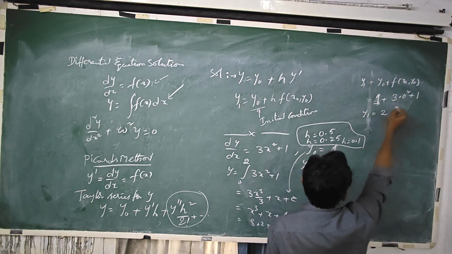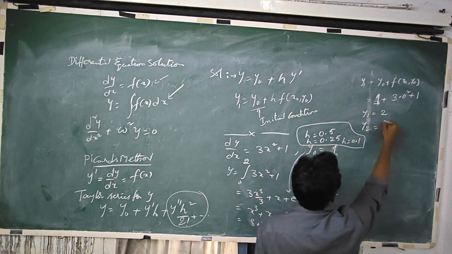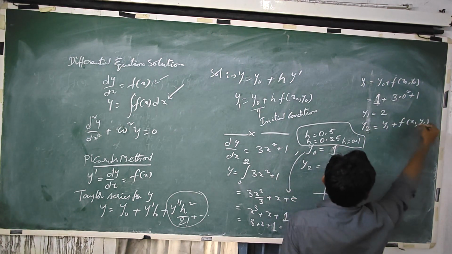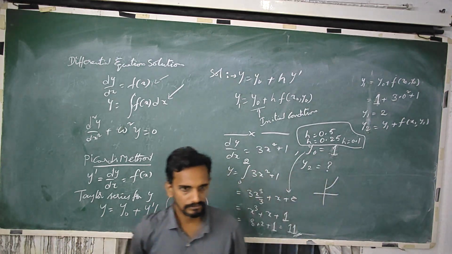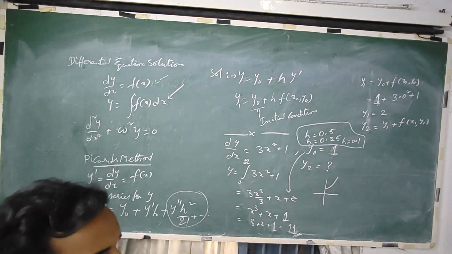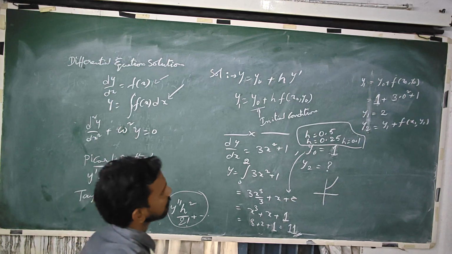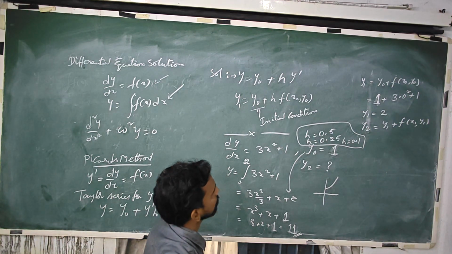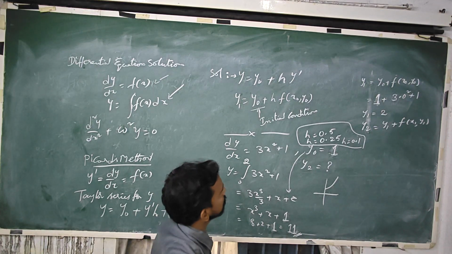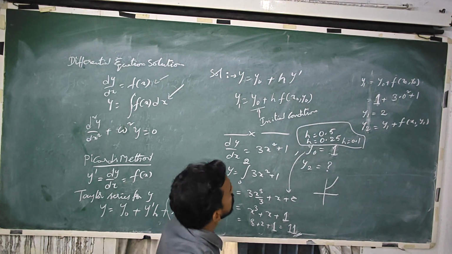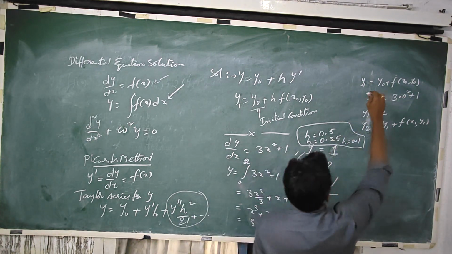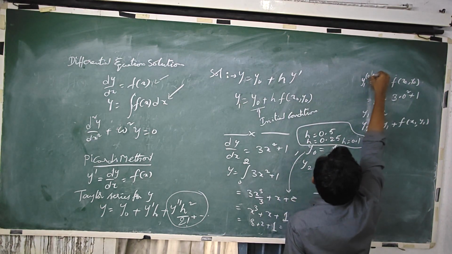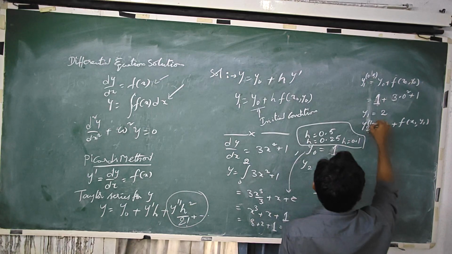So y1 is 2. So next one, y2 is y1 plus f of x1 y1. So y1 is what? This is for 0.5. This is 1.0.